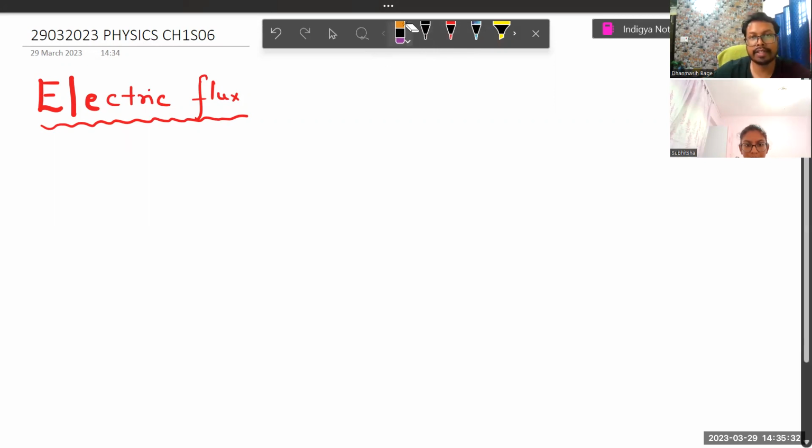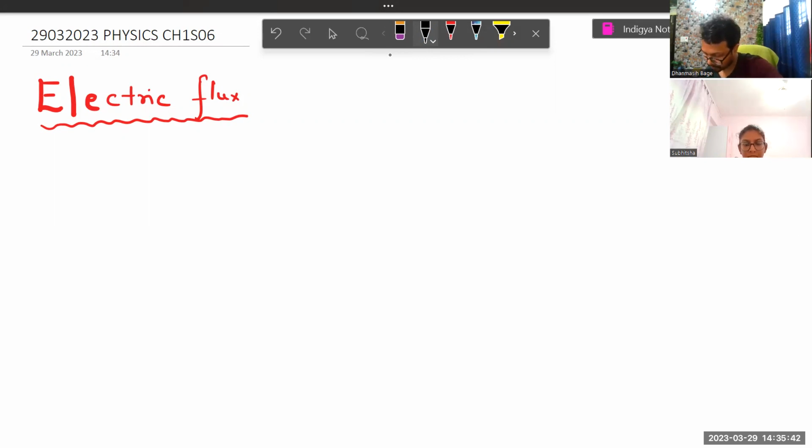First, we'll see the definition here, what it means, and then we'll see the mathematical definition, the most important concept here, and then electric dipole is there.